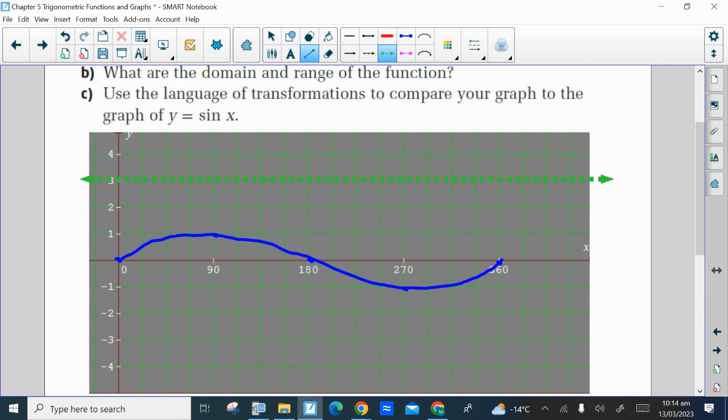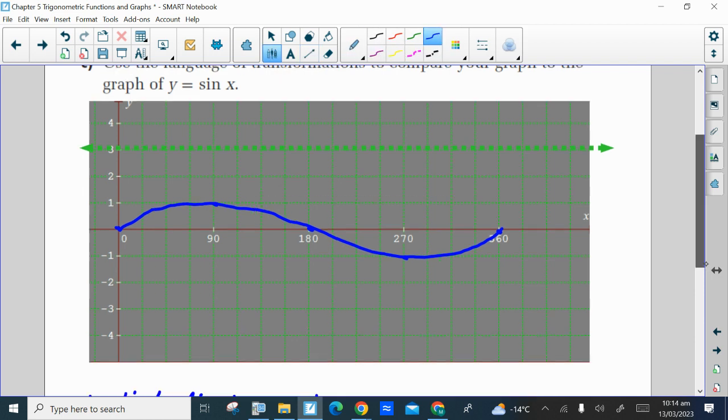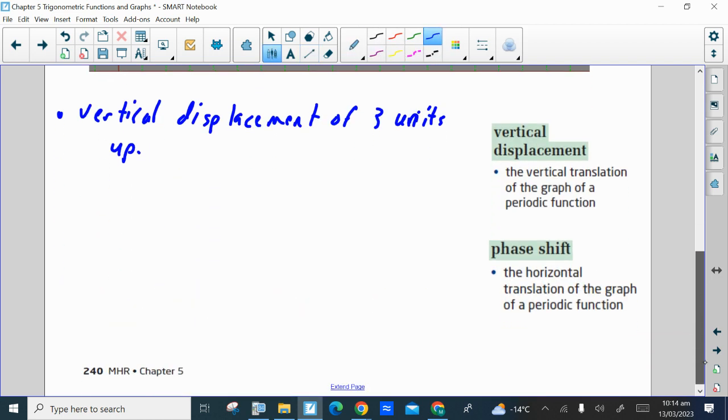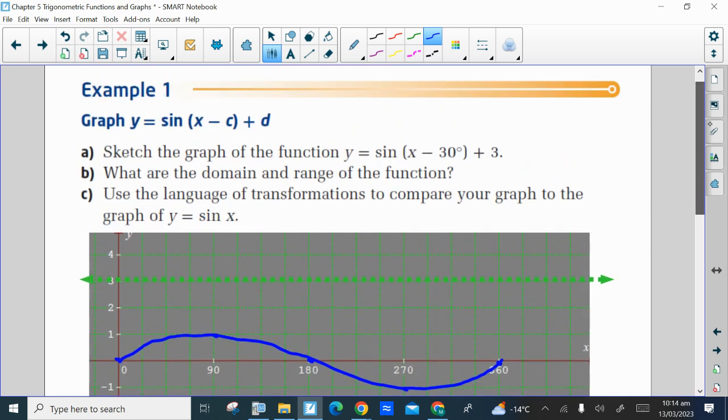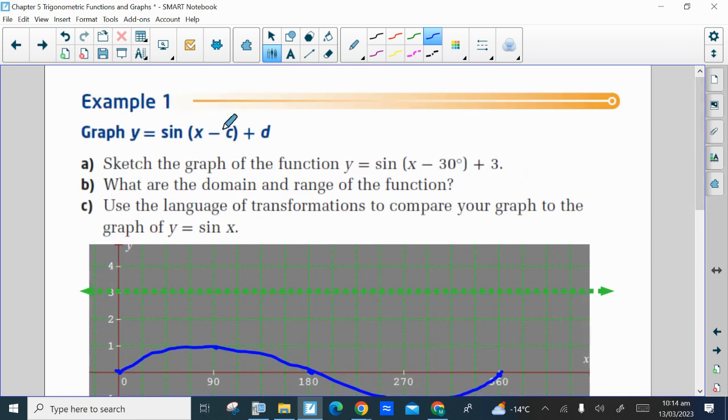Okay. So the other thing here, when we're talking about sinusoidal function, is a phase shift. That is the horizontal translation of the graph of a periodic function. So that is what the h value, or in this case, the c value, does. Because note how the variables have changed. Instead of h and k, when we're talking about sinusoidal functions, you'll sometimes see different variables used.